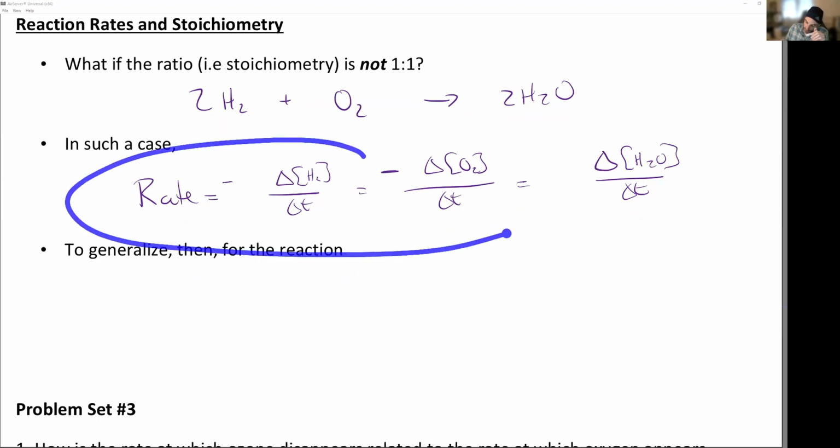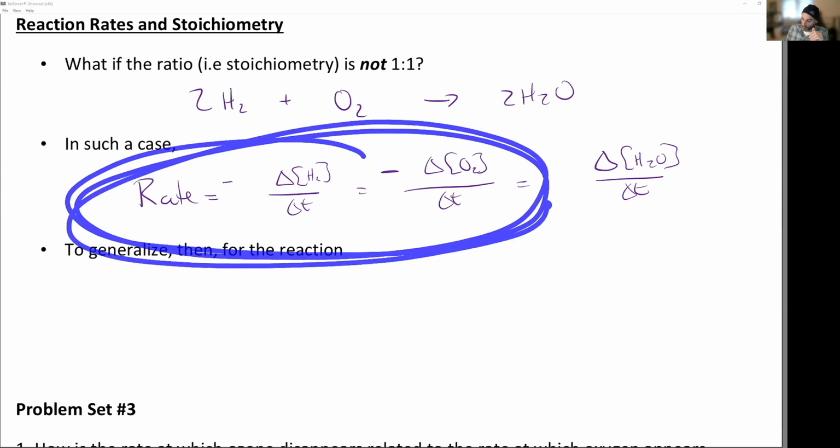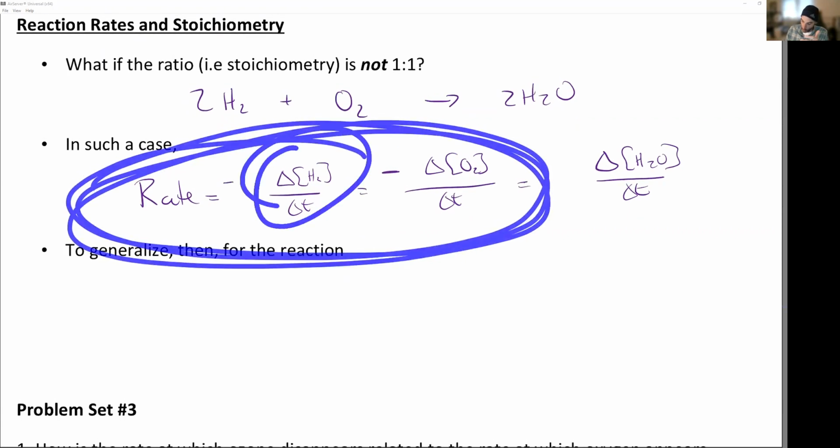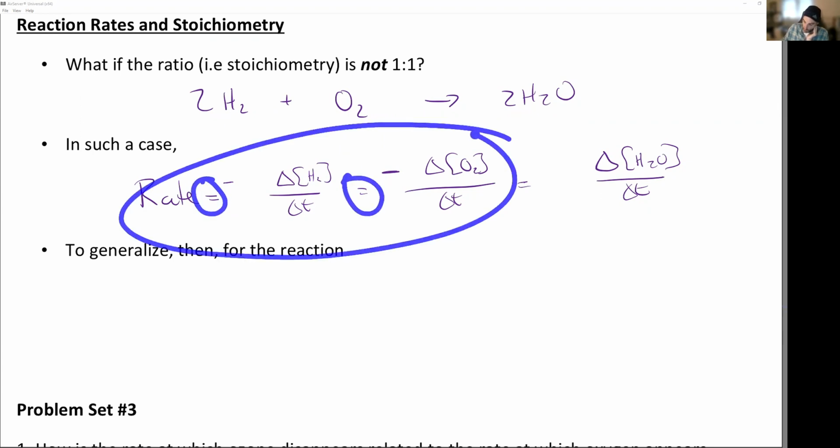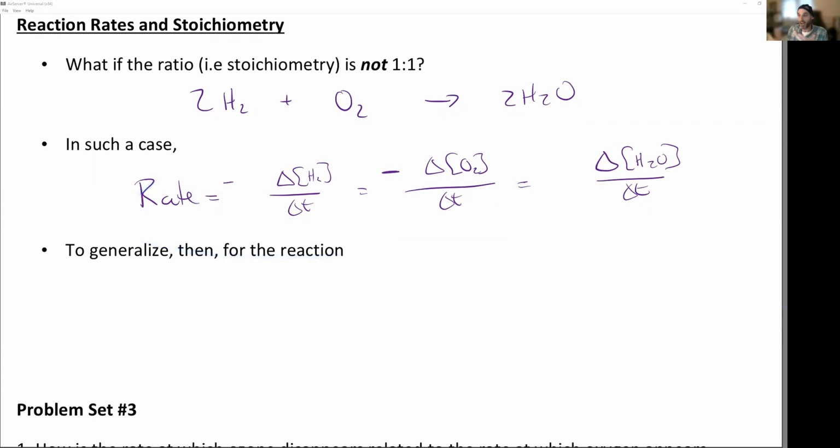In this case, these are not equal to one another, because right now I'm losing hydrogen twice as fast as I'm losing the oxygen, because 2H2 yields 1O2. So we're going to do a little bit of a shift here. Because they all have equal signs, in order to set these two equal to one another, we have to account for the fact that I'm losing twice as much hydrogen as I am oxygen.